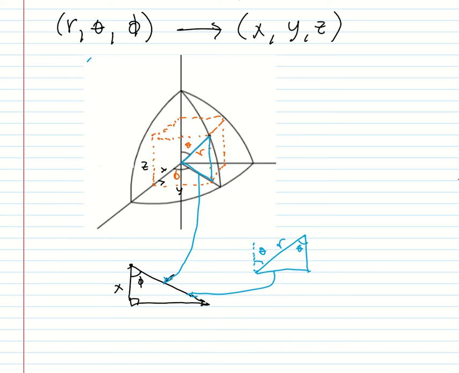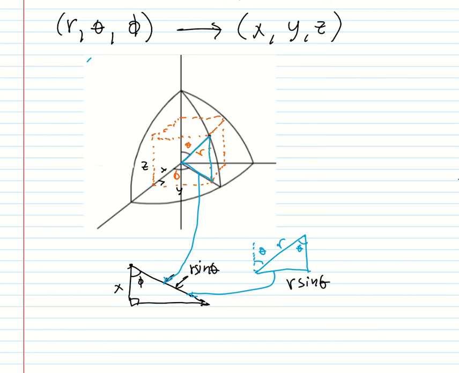Now we can apply some trigo to solve for this side. What will be this side? This will be the opposite and the hypotenuse. So opposite and hypotenuse is sine. Sine theta is equal to this side divided by r. So if we solve this side, this is just r times sine theta. And this will be our side here. This is also r sine theta.